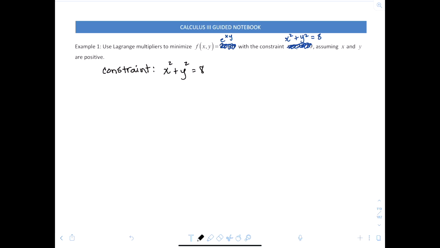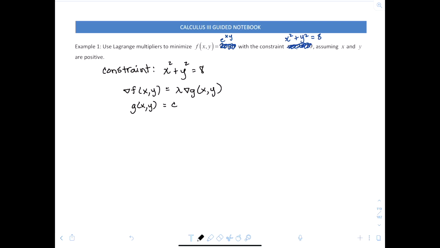And remember that we want to solve our system del f(x, y) = lambda times del g(x, y), and then we also want to include with that our g(x, y) equal to c. Cool so far?